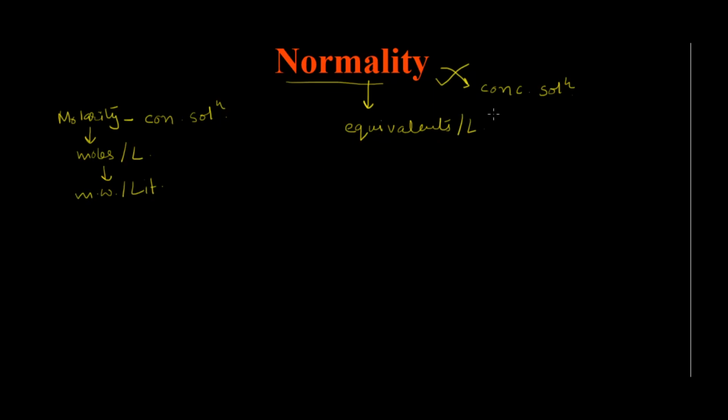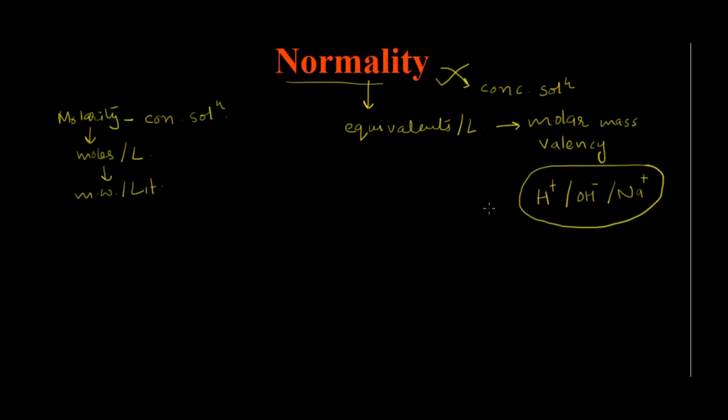And what this means is, along with the molar mass of a compound, normality also takes into consideration the valency of a compound. It is very, very important, right? Valency as in how many protons or OH minus ions, or if you're working with a solution containing sodium, then you have to take into consideration the sodium ion. Say for example, I'm talking about H2SO4.